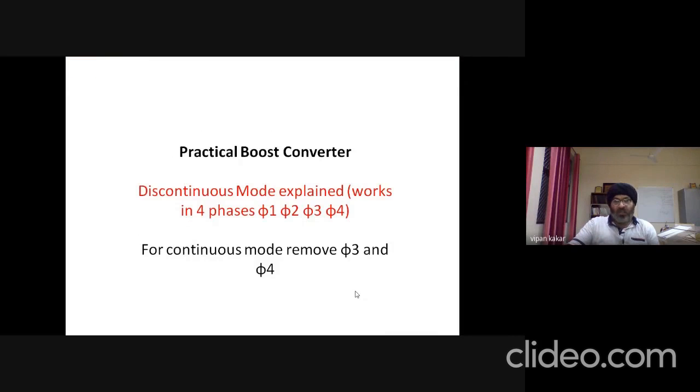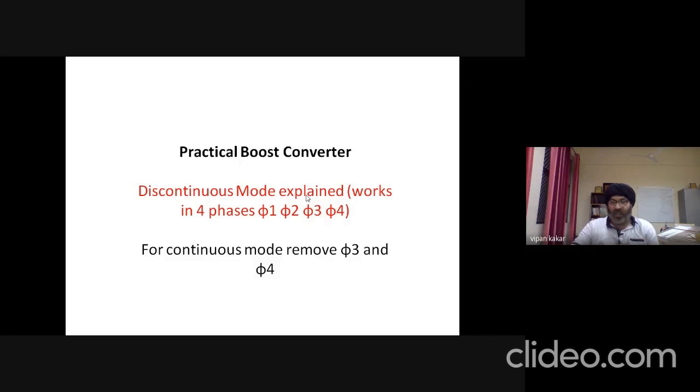So, practical boost converter. We have already done continuous current conduction mode in the previous section when we did the complete mathematical analysis. Now we go for discontinuous conduction mode for practical. In this section of the boost converter, I am discussing discontinuous as well as the practical aspects.